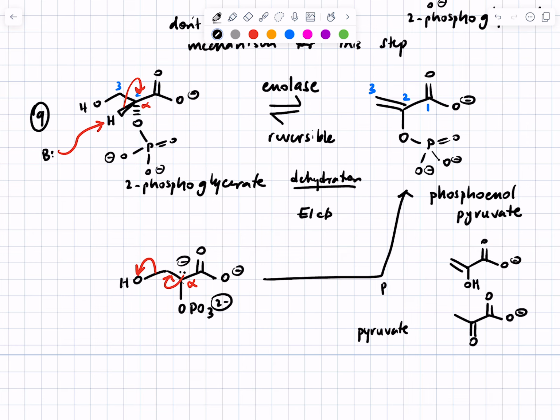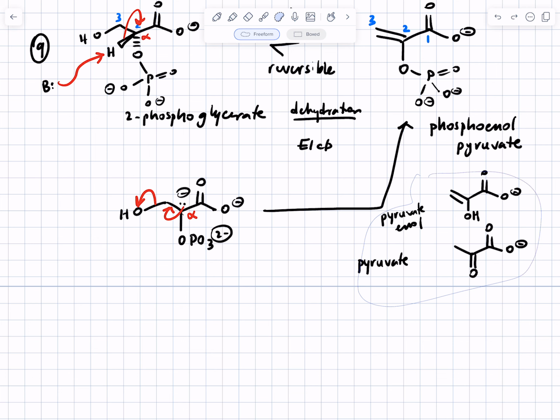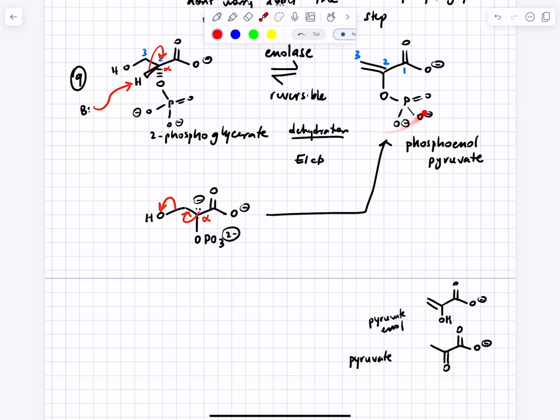So this is pyruvate enol. These aren't intermediates in the reaction. These are just reference terms that I'm going to scoot down below so that you have an idea. We call this product phosphoenolpyruvate because it is the phosphoester of the pyruvate enol.